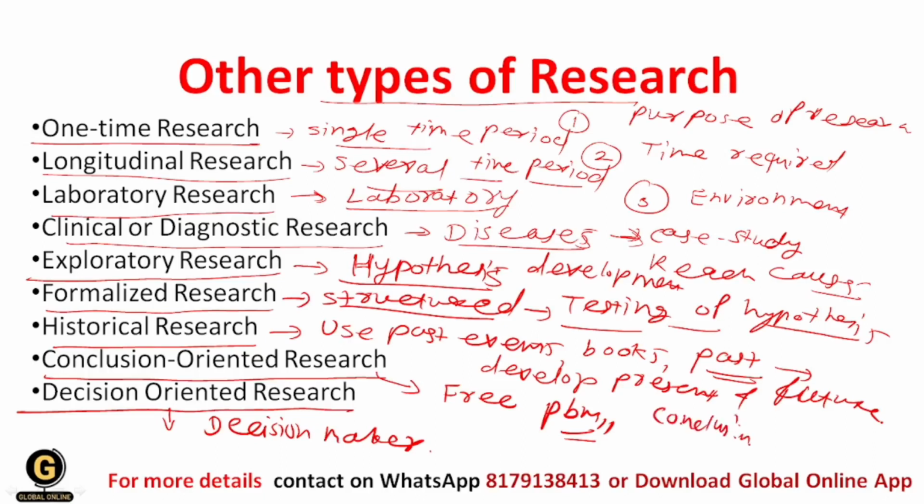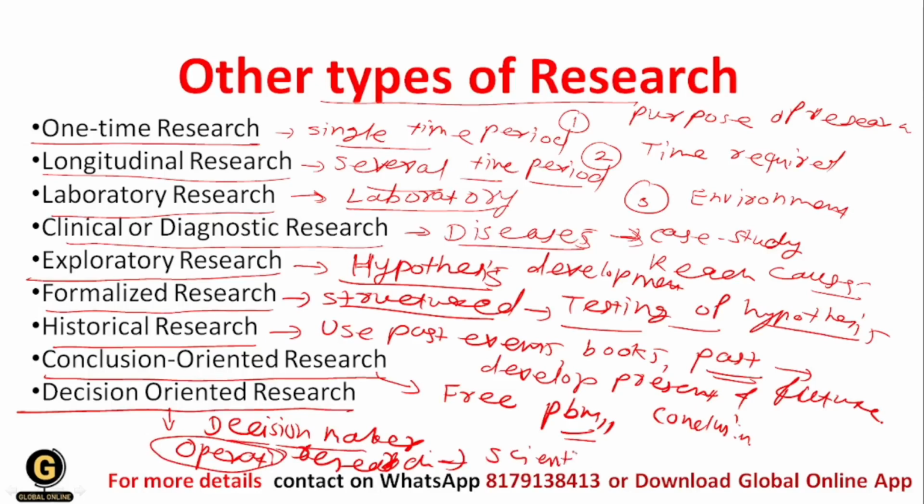For example, whenever you see operations research, when a researcher wants to study any kind of operation under control, he needs a decision maker, and that decision maker gives the scientific method to the researcher, and also provides the quantitative basis for decisions regarding these operations under control.